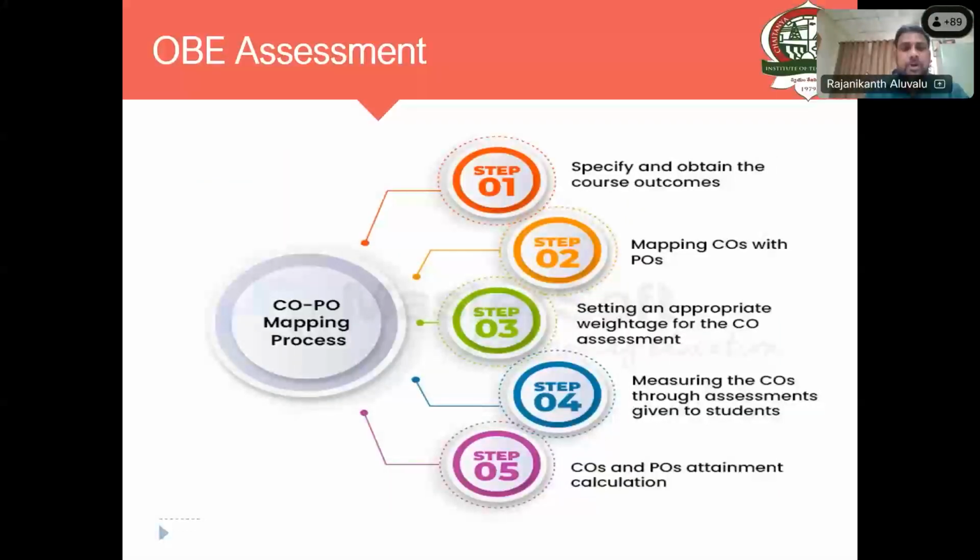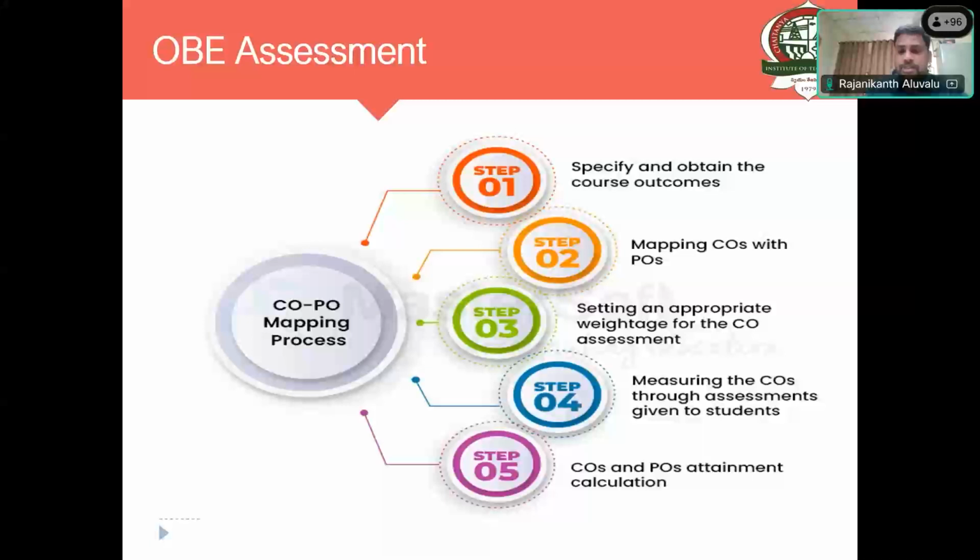When I'm talking about assessment, the traditional assessment is conducting an examination which has some marks, students give some answers and get some score, and finally we give a grade to the student. But as we know, OBE assessment is attainment calculation, and attainment calculation is completely mapped with the outcomes that we have already specified.